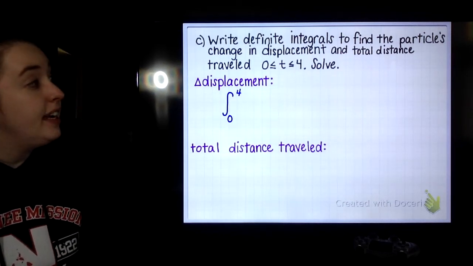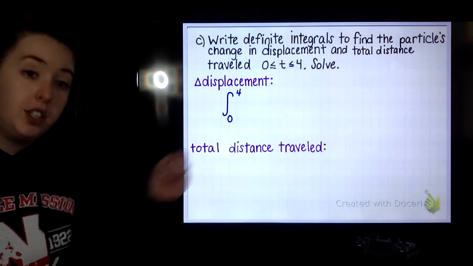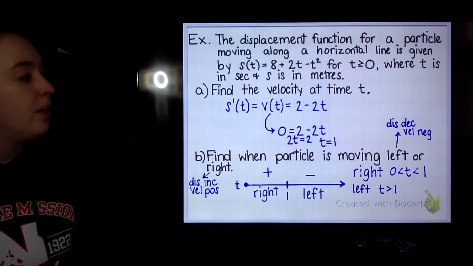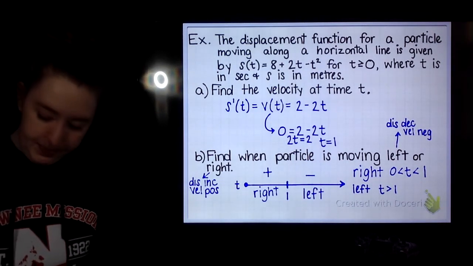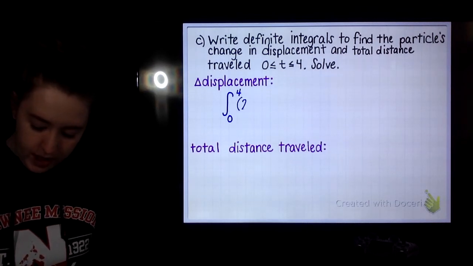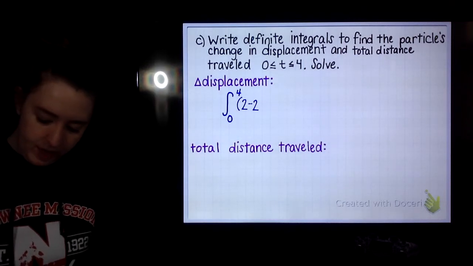And then for the displacement, we're supposed to use the velocity function. So if we look back, our velocity function for this problem was 2 minus 2t. So I'm going to take the integral from 0 to 4 of 2 minus 2t dt.